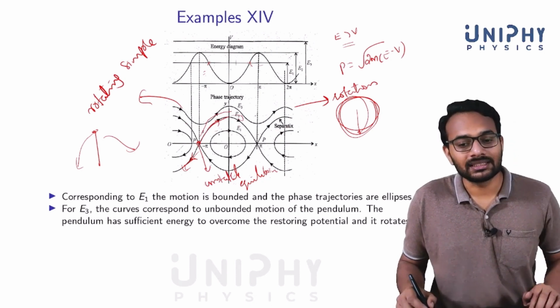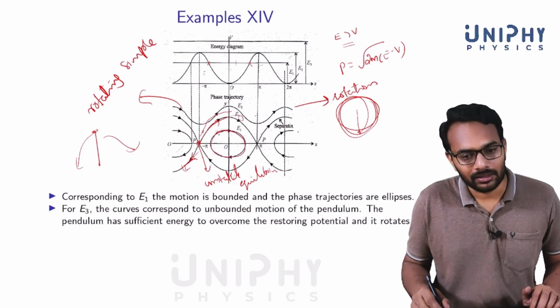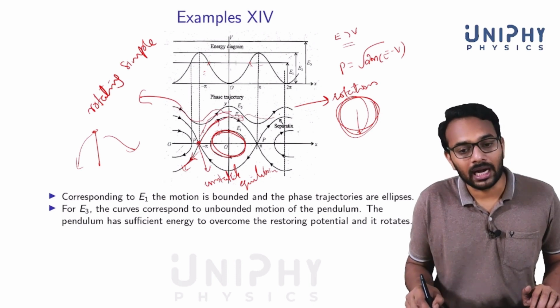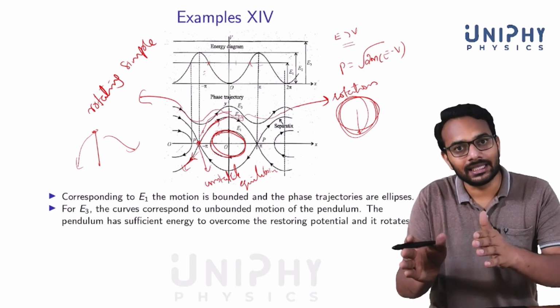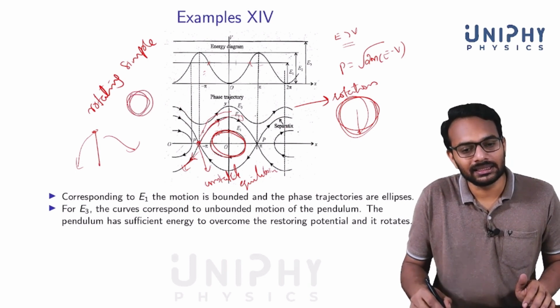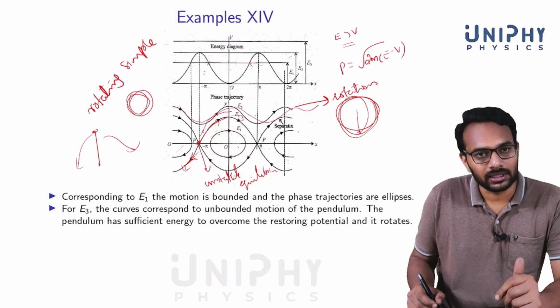The separatrix separates two kinds of trajectories: one corresponding to periodic motion and the other corresponding to unbound motion, or rotation in real space. Rotation in real space corresponds to an open curve here, whereas periodic motion in real space corresponds to a closed curve here.